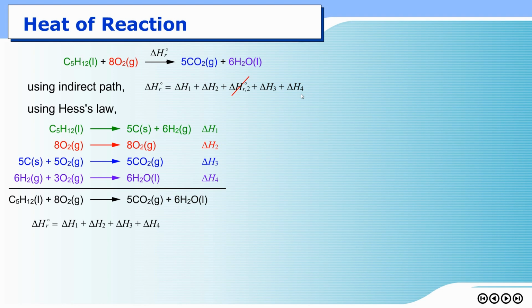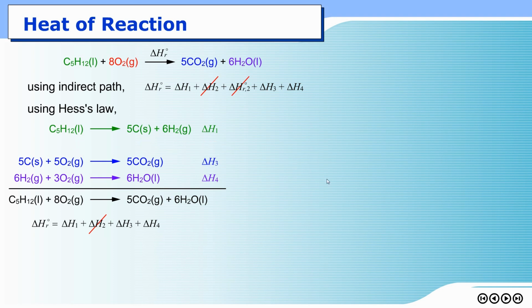Alright. Now, we also know that this delta H2 is 0 because oxygen here and oxygen there remain unchanged, so there's no energy change associated with it. Delta H2 is 0. You can cross it out.